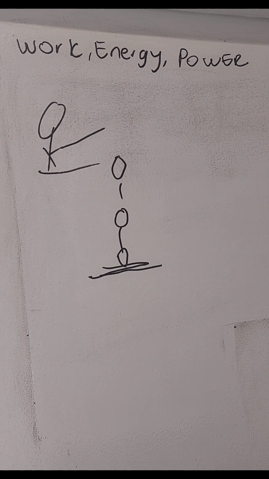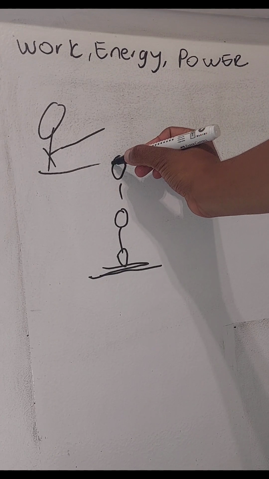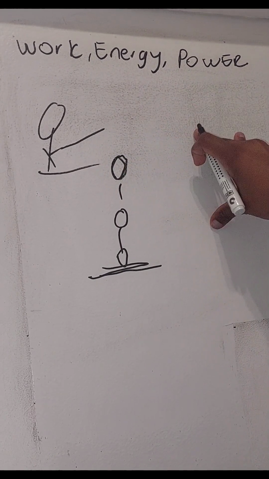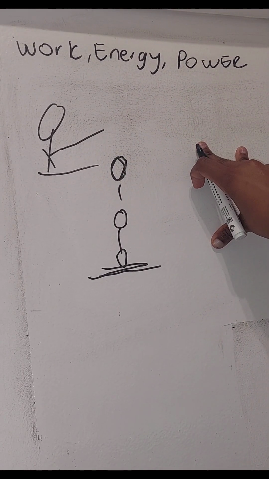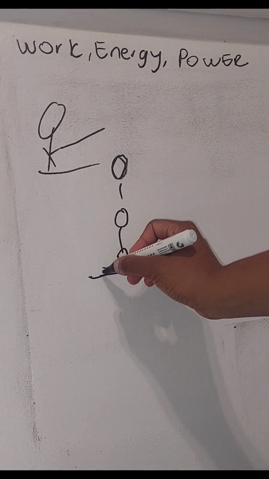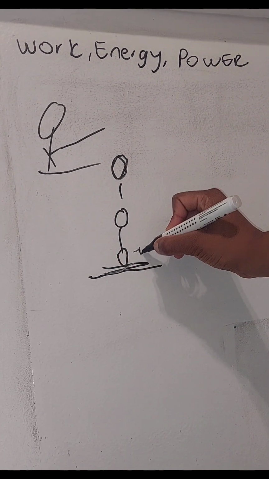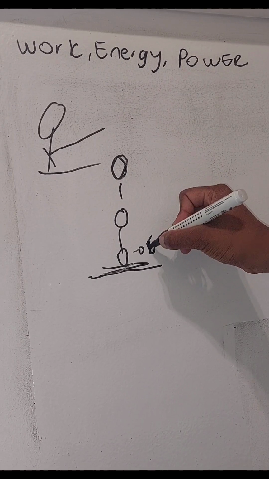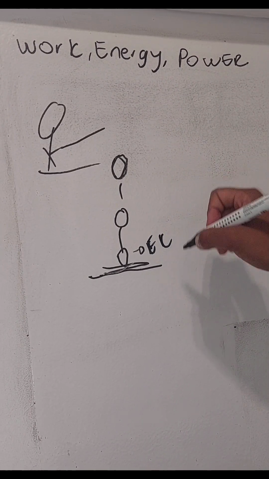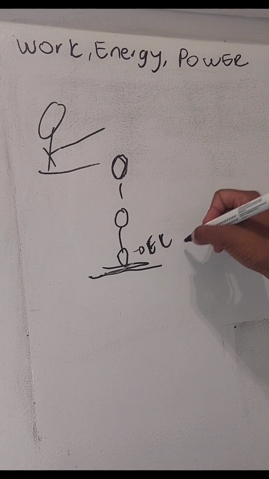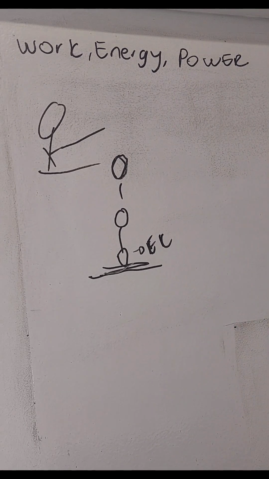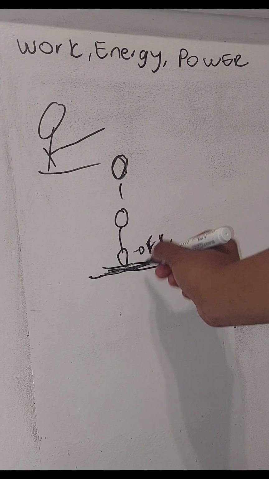You see here, at the top, kinetic energy creates movement, and movement you can only find where? On the ground. So here we have full EK. We don't have EP here, because potential energy happens where gravity exists, and on the ground, gravity doesn't exist.